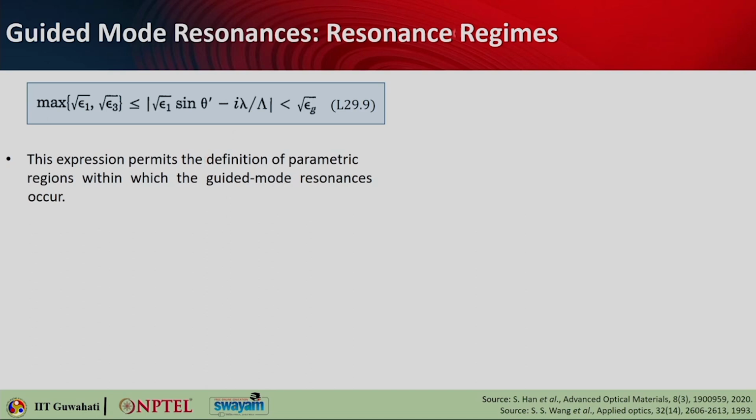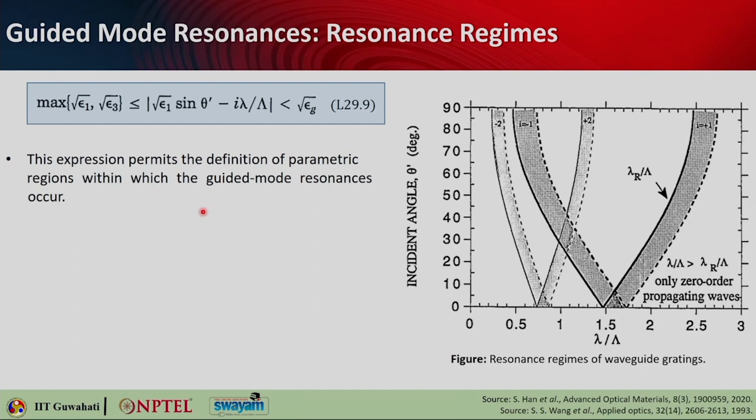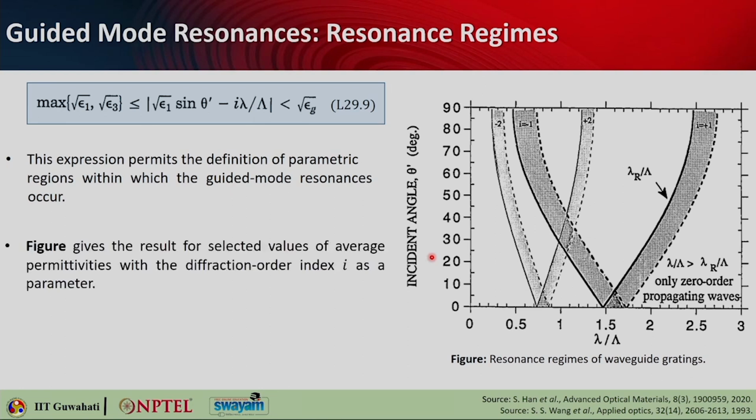With that you can identify the resonance regime. This expression allows you to define the parametric regime where the guided mode resonance actually occurs. This is a plot that shows those resonance regimes. On the x axis you have the normalized wavelength, and on the y axis you have angle theta.